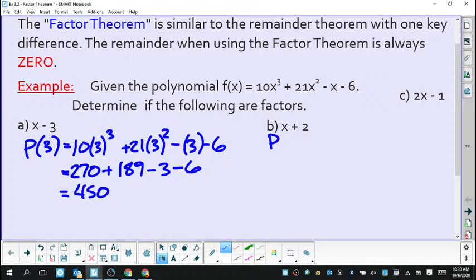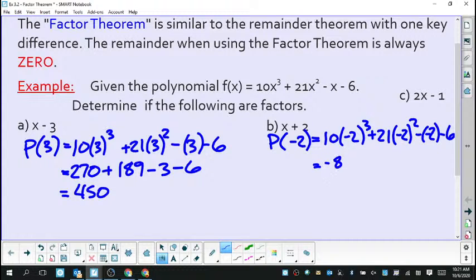So what am I going to do? P of negative 2, right. No, that's not right. That's 4. Oh, 84.